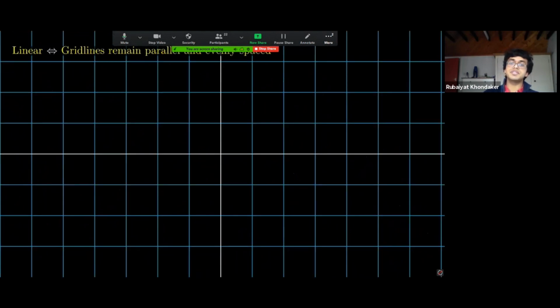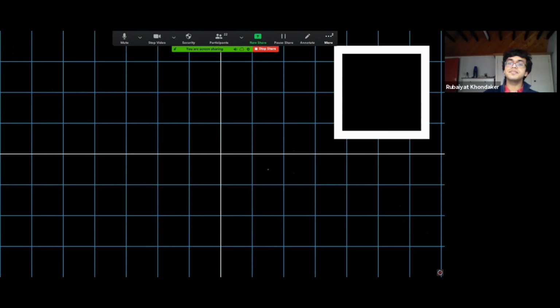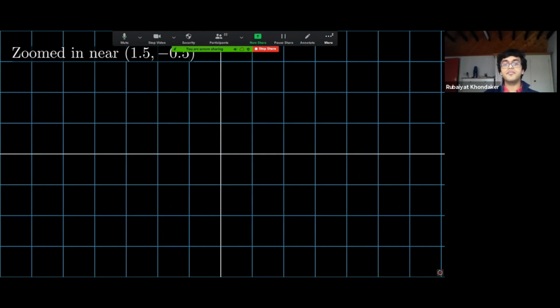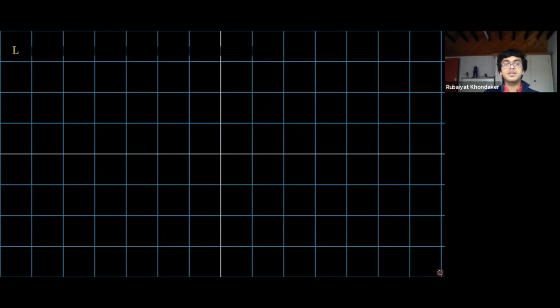And if we zoom in even closer, that looks pretty linear now, right? They look parallel, they look pretty evenly spaced. What I've done here is that I've centered our position on that point, which was at coordinates 1.5, negative 0.5. I'm going to go through various zoom levels of the transformation.